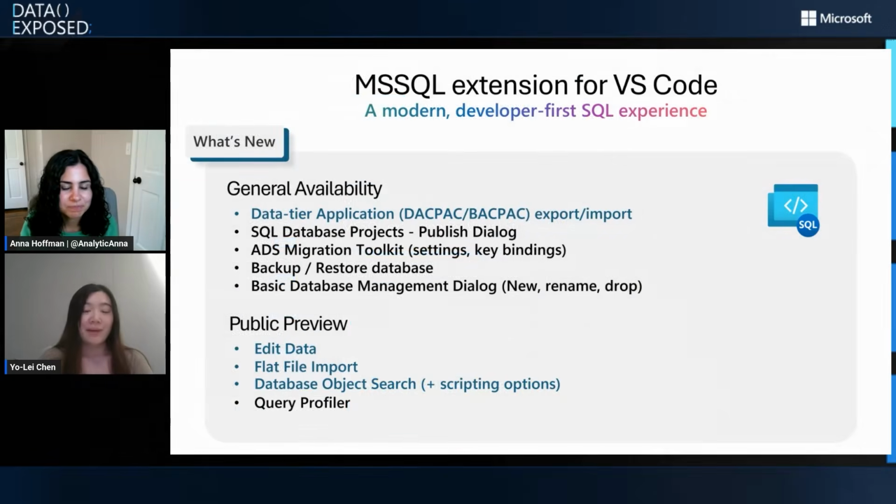Awesome. Cool. Yeah, so here's kind of like the list of features that we've recently released. There is a lot more we have, but these are just things that we released in these couple of months. So in a previous episode that Tassif joined, he talked about the retirement of Azure Data Studio with Anna and several other features like the ADS migration toolkit, backup restore, some of the new database management dialog, query profiler, and more.